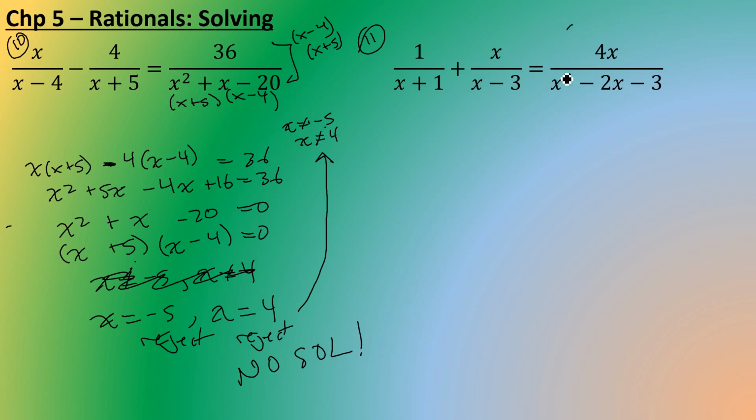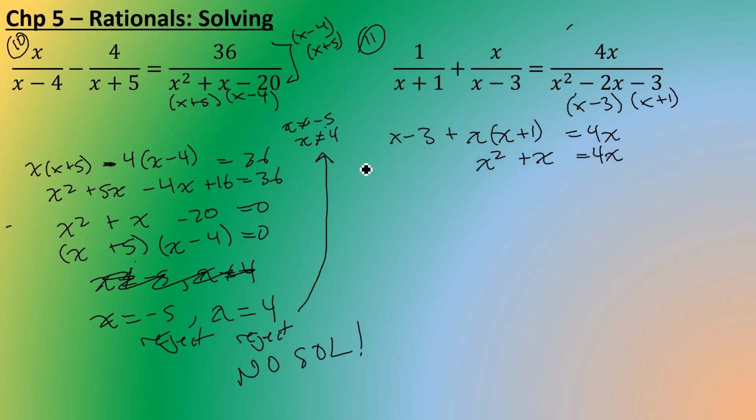And this one, factor, multiply by the least common denominator. So I'll get x minus 3 plus x times x plus 1 equal 4x. We get x squared plus x. We combine like terms. Don't forget the plus.